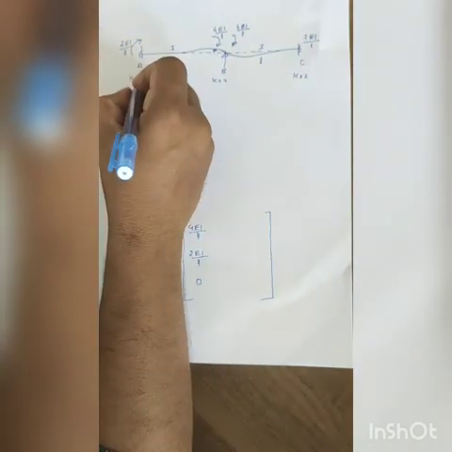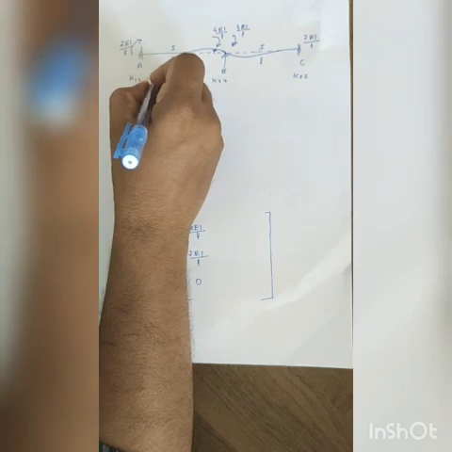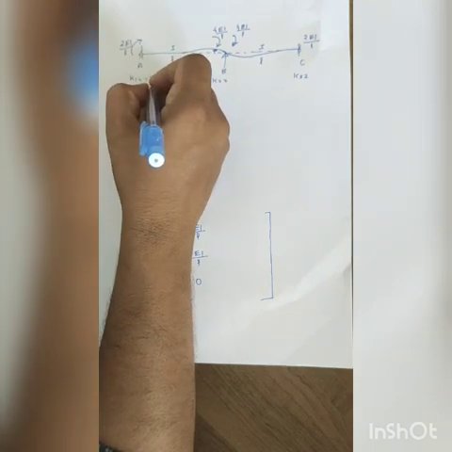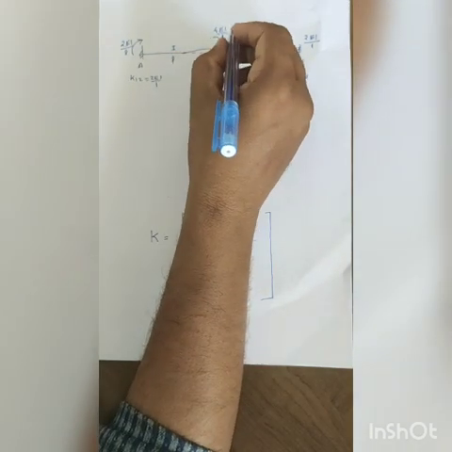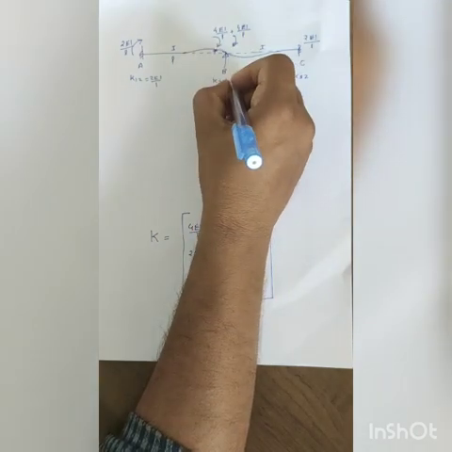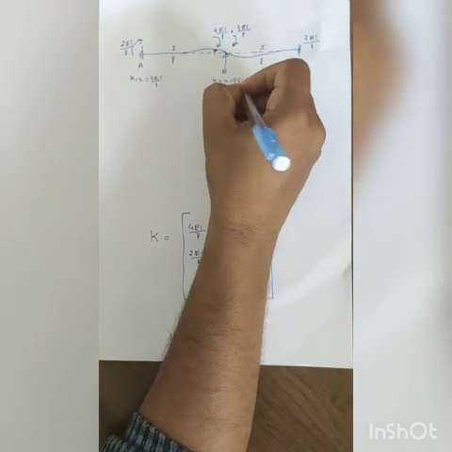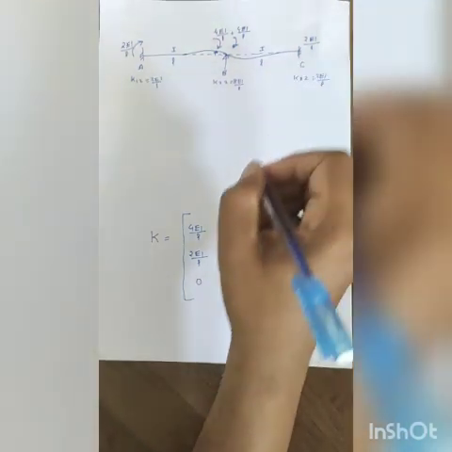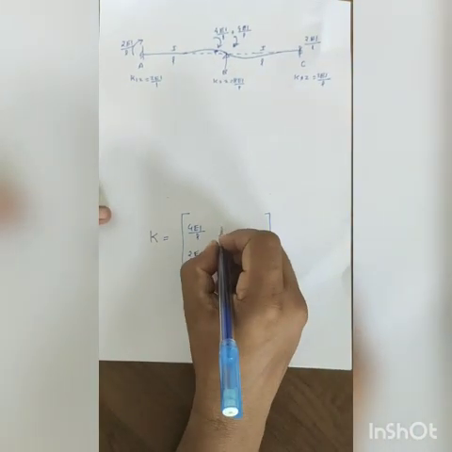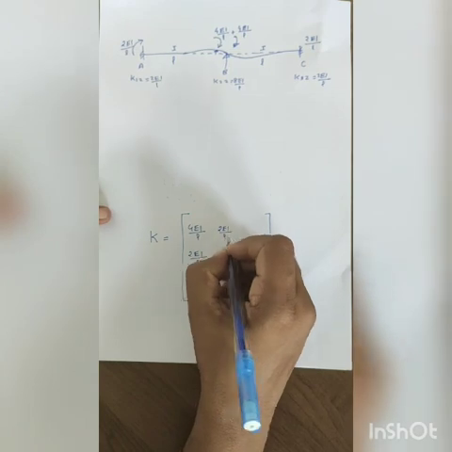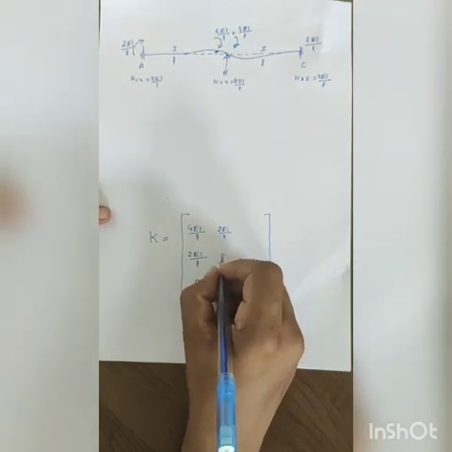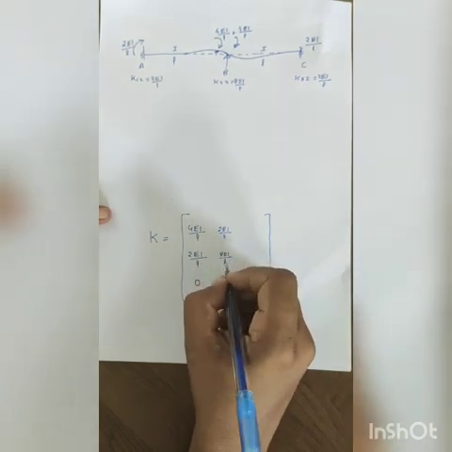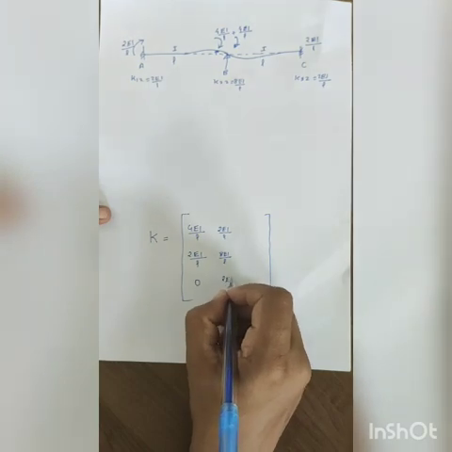The value of K12 is 2EI by L, then K22 is 4EI by L plus 4EI by L, that is 8EI by L, and K32 is again 2EI by L. So I can directly fill the second column: 2EI by L, 8EI by L and 2EI by L.